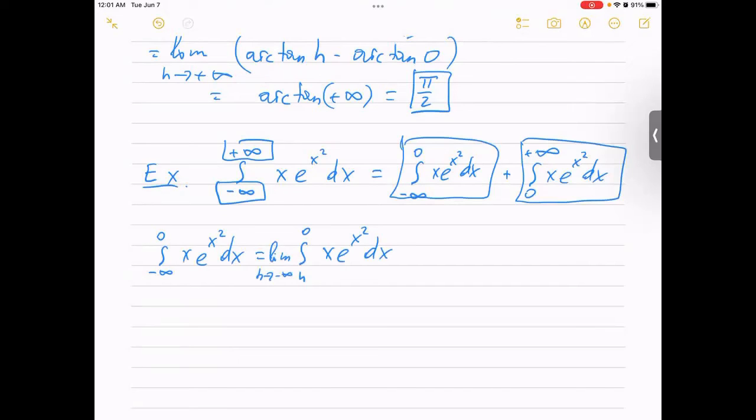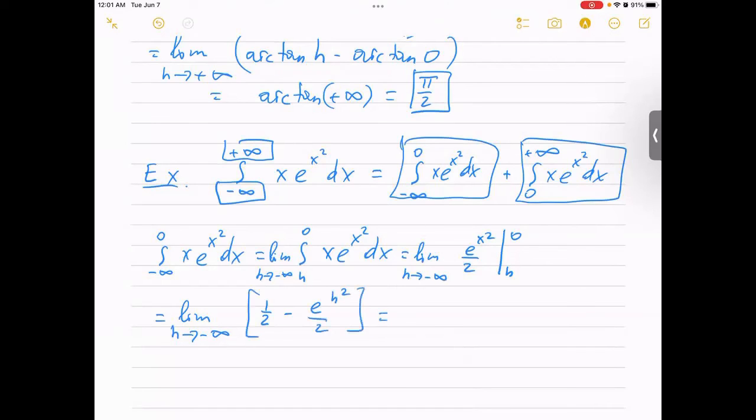The antiderivative of x times e to x squared is e to x squared over 2. We use substitution u equals x squared. We do it from h to 0, limit as h approaching negative infinity. So e to the 0 is 1, so we get 1/2 minus e to the h squared over 2.